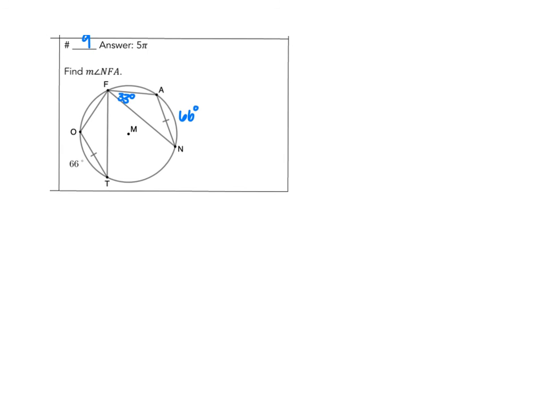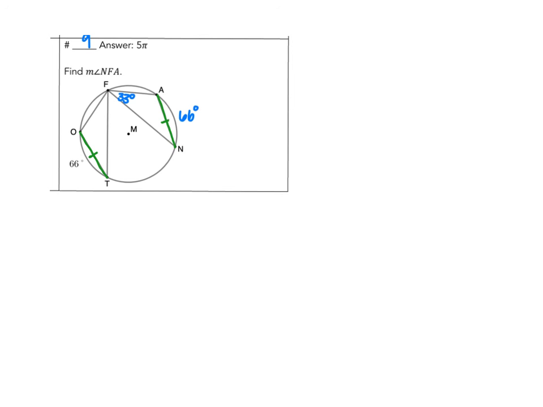So this problem, Kat, is pretty short. They gave you that these two chords, I'll outline them, from O to T and from A to N, they marked those congruent. So that means that the arc length that connects those 2 points has to be equal, since the chords are equal.